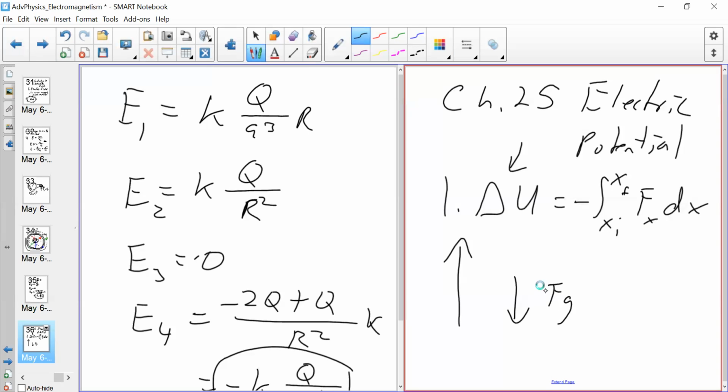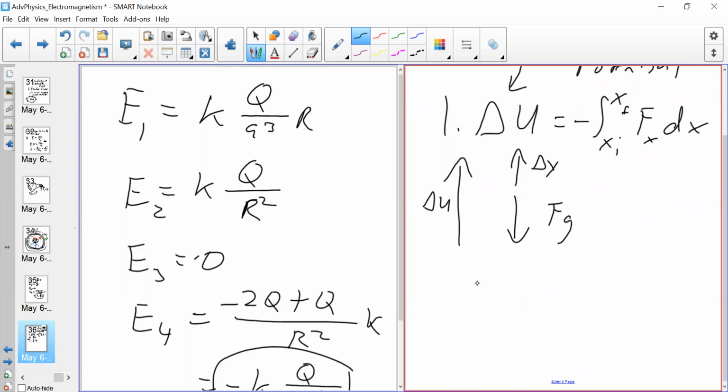Gravity is pointing down and the displacement is up. So the work done by gravity will be negative. That's why I got this here in terms of the y-axis. But I've increased my potential. Okay, so that's the basic definition. So vice versa, I could have something like this.